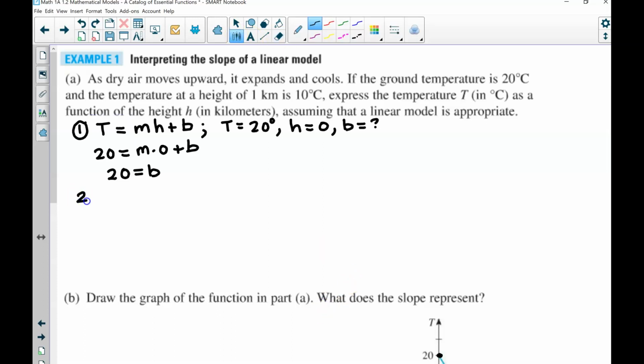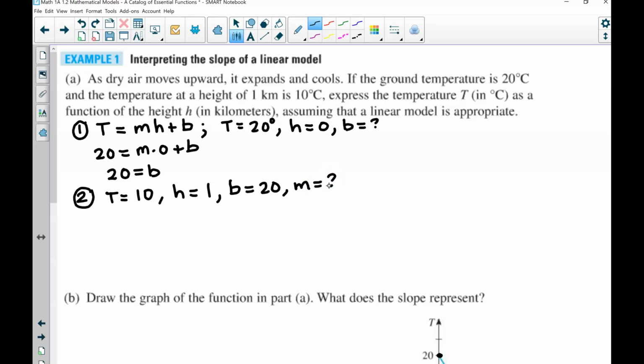Now, in the second part, we know that at a height of 1 kilometer the temperature is 10 degrees Celsius. So when T is equal to 10 degrees Celsius, the height is 1 kilometer. And we know that the y-intercept is 20, so we can determine the value of the slope.